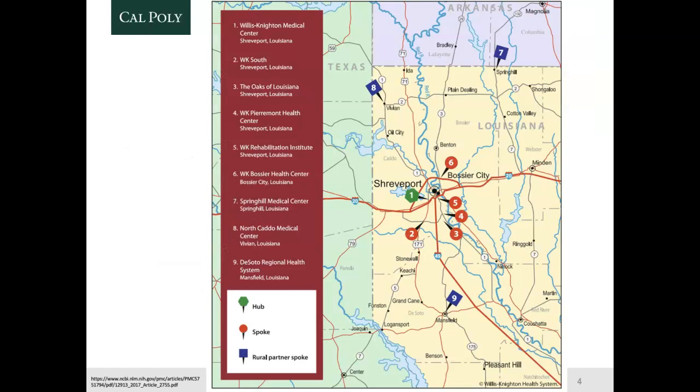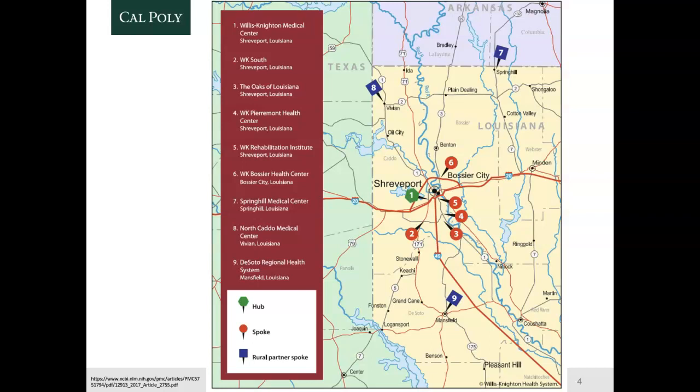This is an example of a hub and spoke model that is used in Louisiana. And if you want to read more about this specific example of how a hub and spoke model is used, you can click on the link to the article here and read through that. This figure shows a map presenting the Willis-Knighton Health System's hub and spoke network.